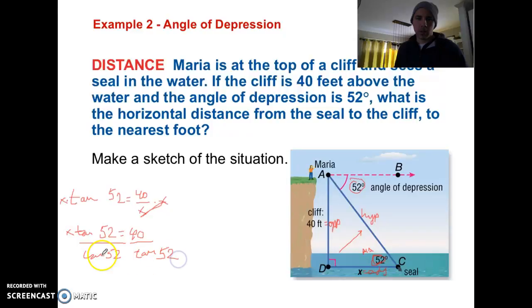I'm left with x equals 40 divided by tan 52. I'll go ahead and plug that in right now. 40 divided by tan 52. Make sure it's in degrees. I got 31.25. The distance from that cliff to the seal.